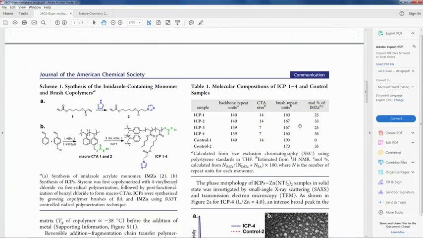What they have basically done here is that they have created this macro chain transfer agent. Now, this first reaction is basically your normal radical chain polymerization reaction, AIBN is your initiator. So, this is 4-vinyl benzyl chloride that you are taking.